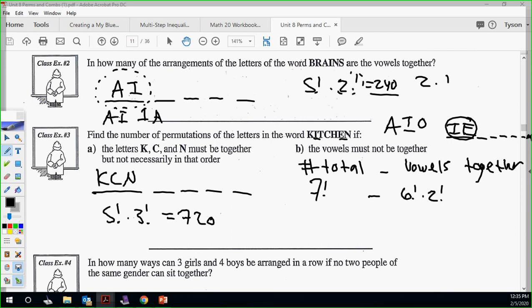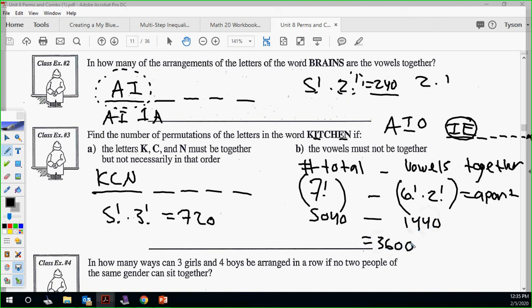Okay. And so all we do now is we just subtract this and we're done. So this is total ways minus vowels together gives us vowels apart. And so that actual calculation gets you 5,040 minus 1,440, which is 3,600.